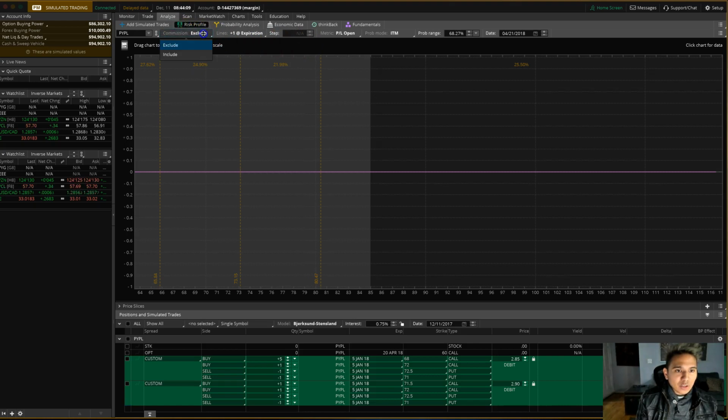Here's commissions exclude. I like to just put include because commissions are a part of your profit and loss. And depending on what kind of account you have with Thinkorswim, some trades might just be too expensive to make sense. So I think it's important to see with commissions what that would look like.